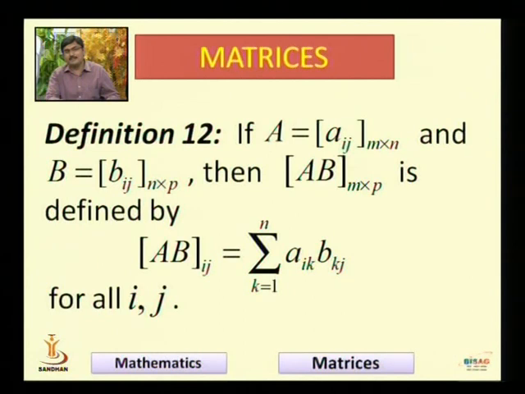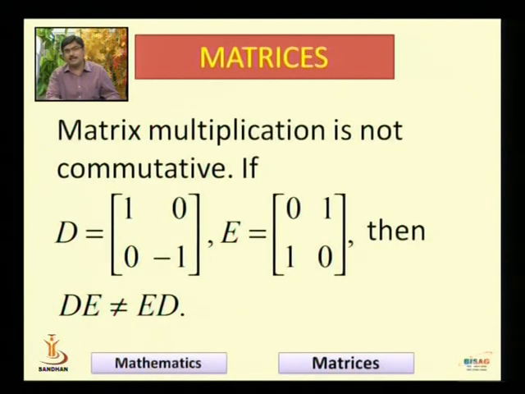We should expect this kind of thing: if you are given two matrices which can be multiplied, in the sense that the conditions given in the definition are satisfied.